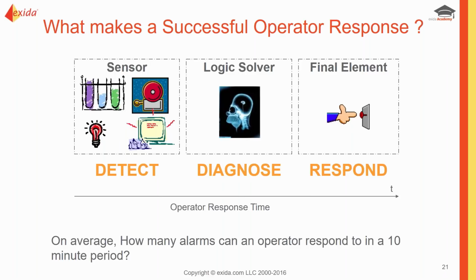So the question then becomes, how many true alarms, an alarm that the operator actually needs to respond to, and I mean other than acknowledging the alarm or silencing the horn, how many true alarms can an operator respond to in a 10-minute period? That's what we'll use as our measurement criteria.